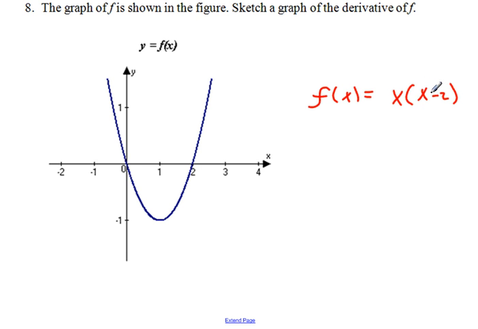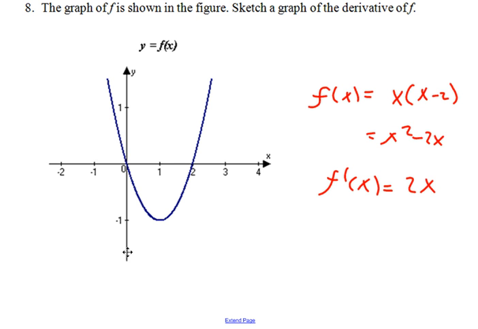So basically I'm working backwards, creating a function that has a 0 at 0 and a 0 at 2. So really our function is x squared minus 2x. If I find the derivative of that, I just get 2x. As we graph f prime, that's just a line 2x right there.